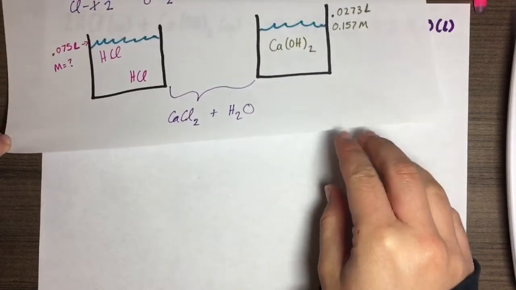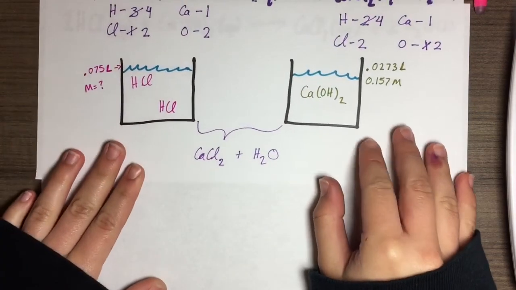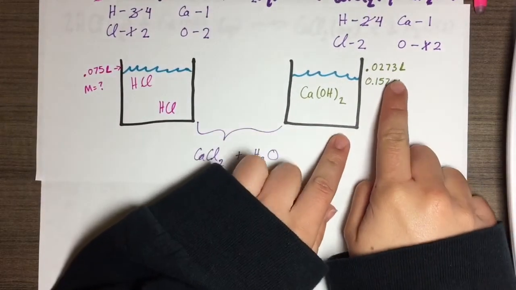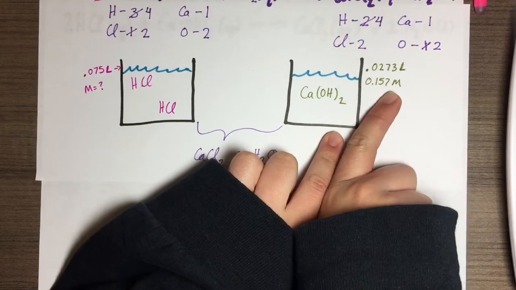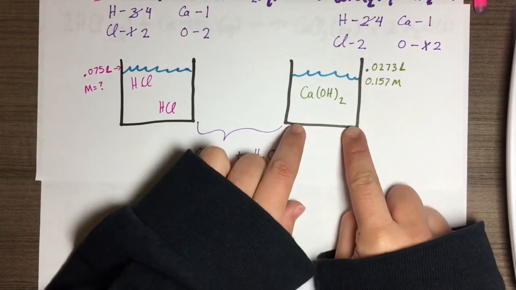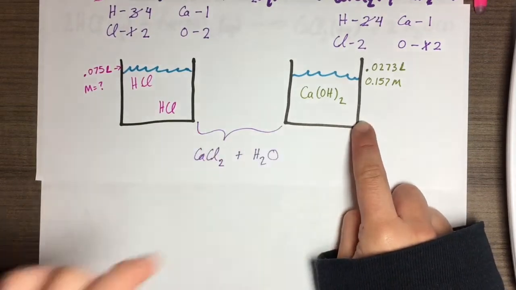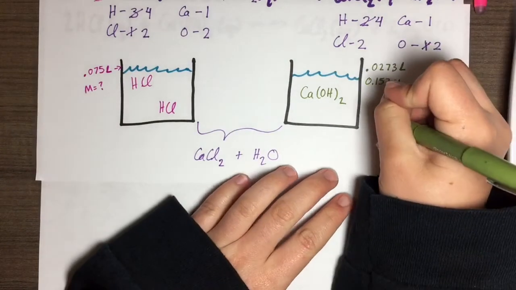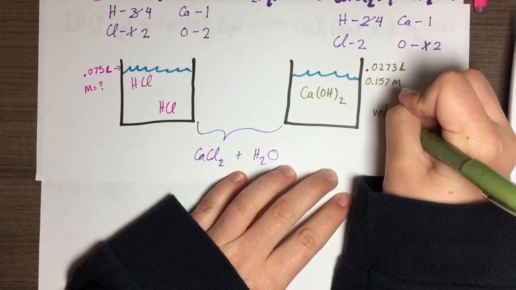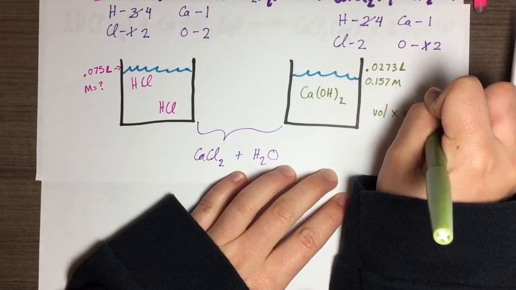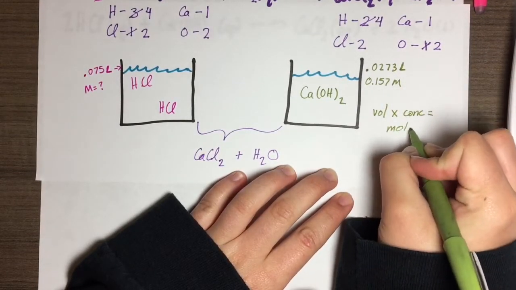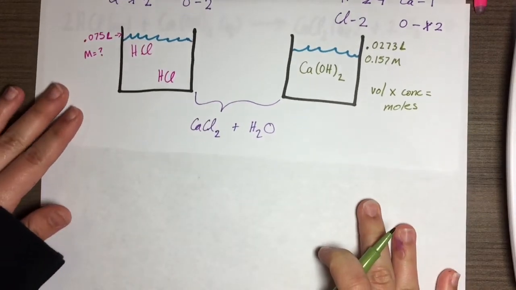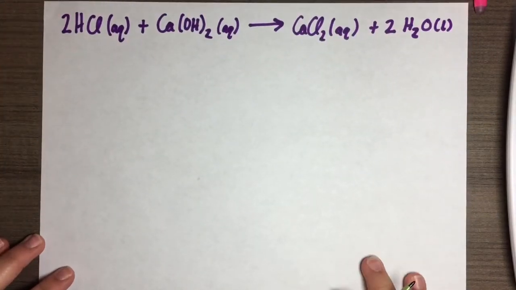Now, in the original word problem, they gave us the volume and the concentration of calcium hydroxide. And so if we multiply the two, we can solve for moles of that compound. So that's what we're going to do.